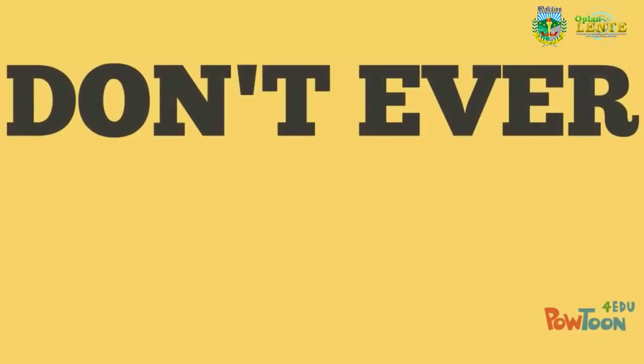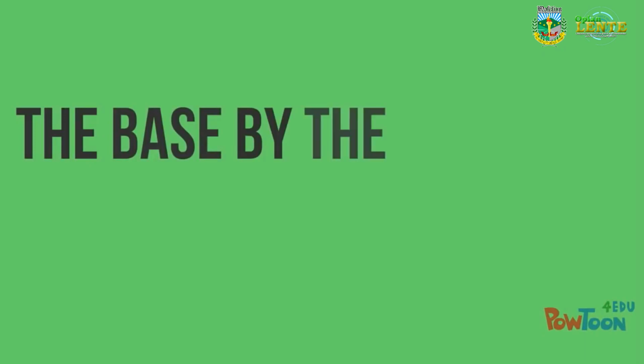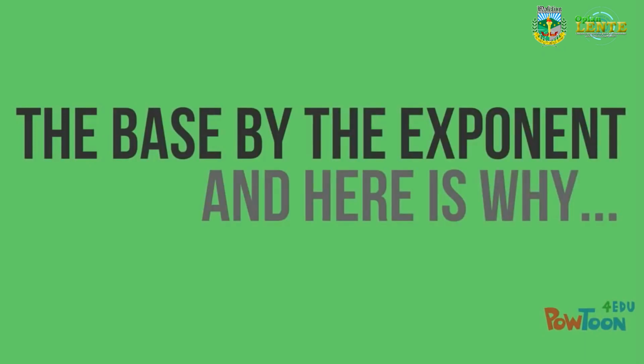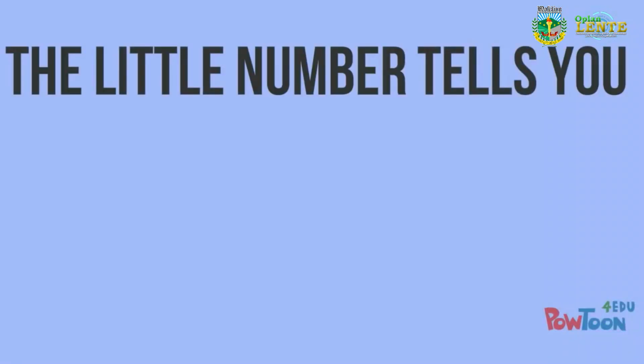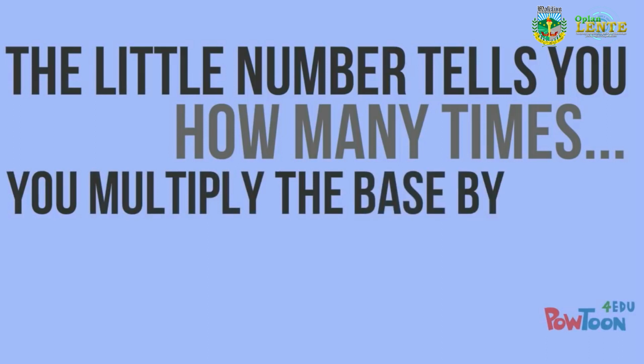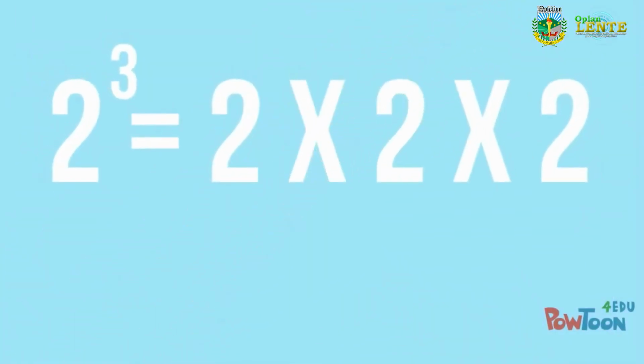Teacher said don't ever multiply the base by the exponent. Here's why. Little number tells you how many times you multiply the base by itself. It's all about the base times the base.